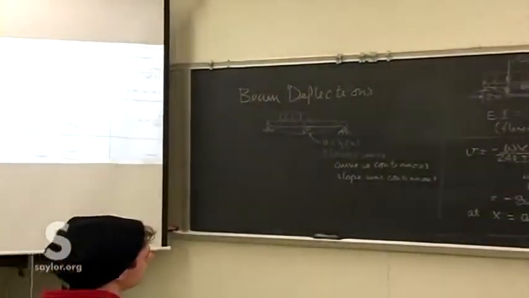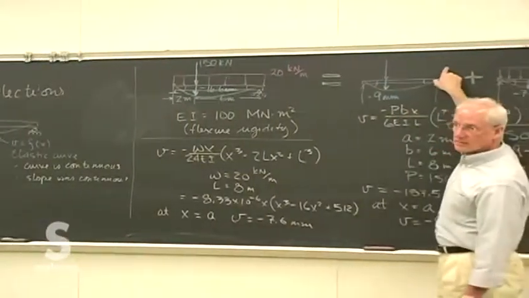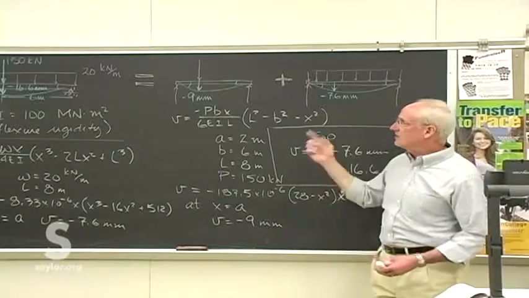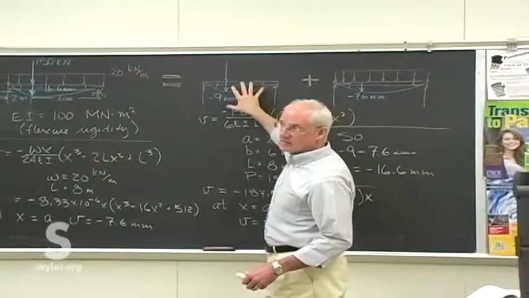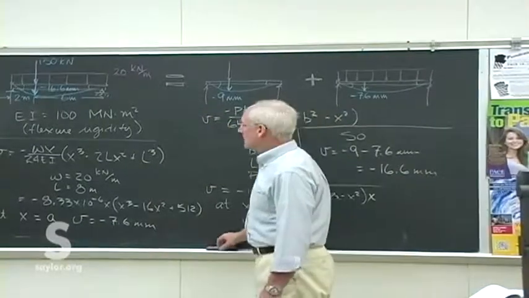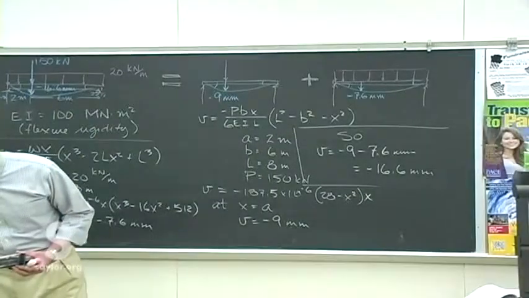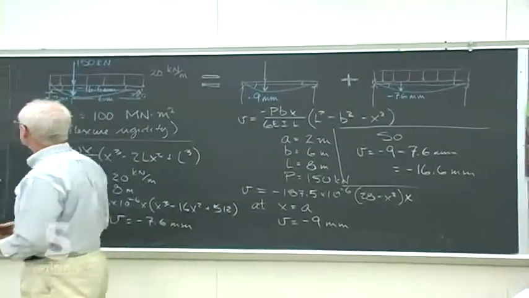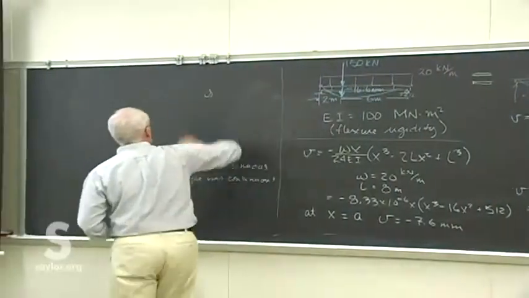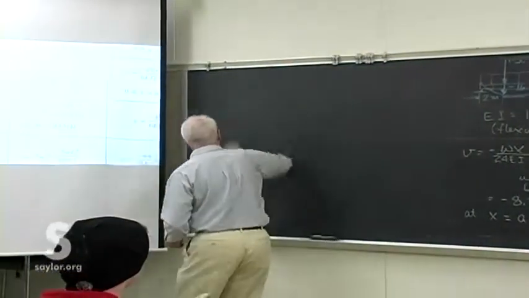You'll still get the minus 9 millimeters now at a point 6 meters from 0, just to show you that you can use that from either end, but you have to be very careful which end, and that you make sure that the values you put in match the pictures there precisely. Okay, so we'll do a couple more. These work well with some examples.